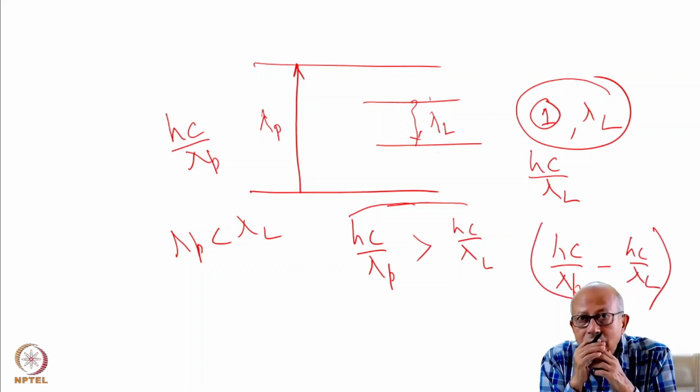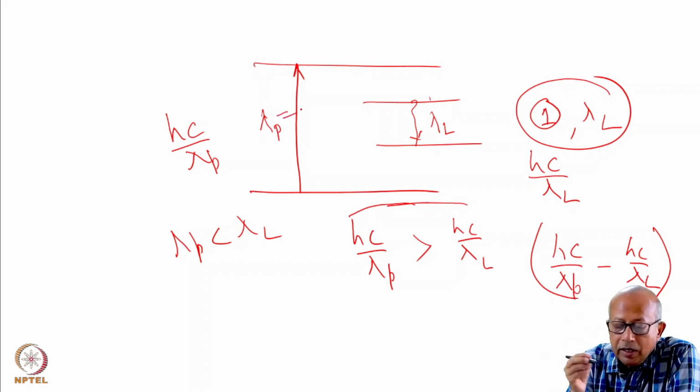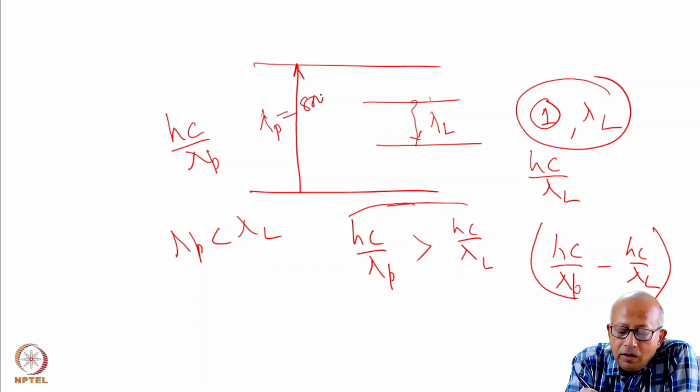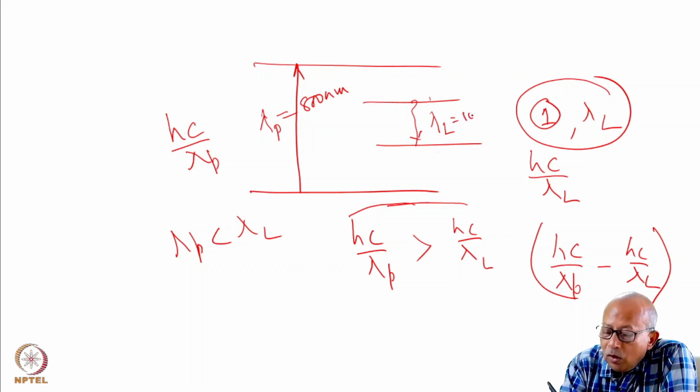In this case, for the Nd:YAG laser, the pump wavelength is around 800 nanometer, and the lasing wavelength is 1064 nanometer.